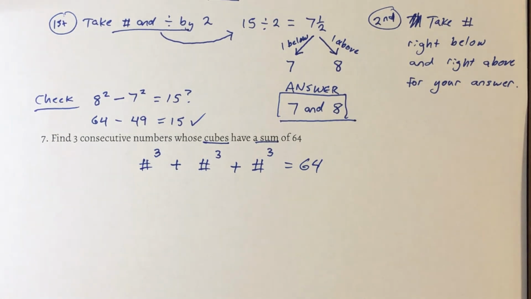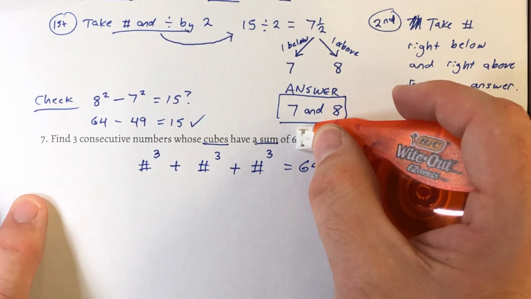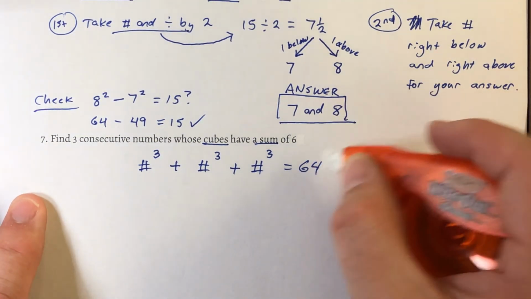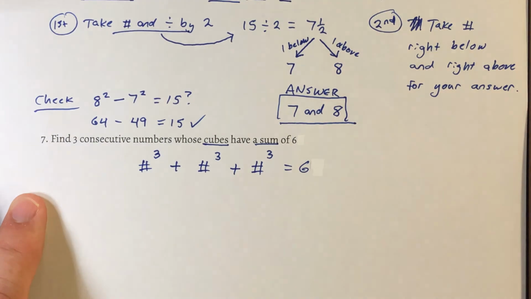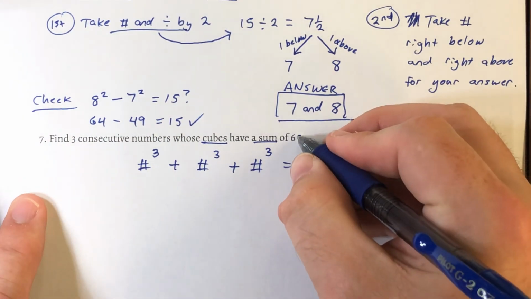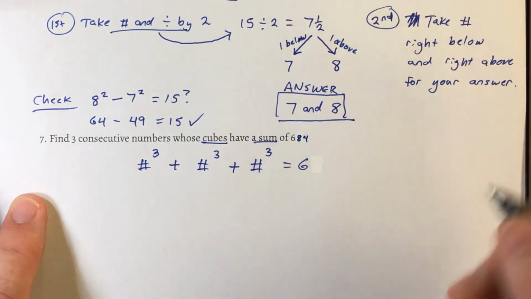Oh my, that's a mistake. This really should say 684. I was like, that's not going to work. 684, my bad.